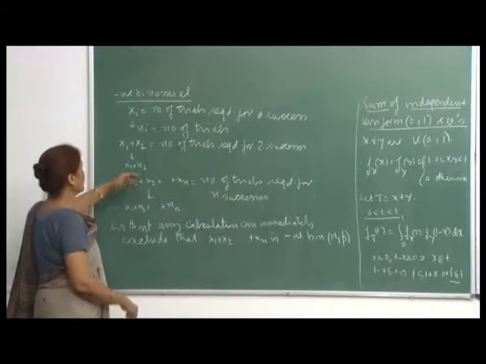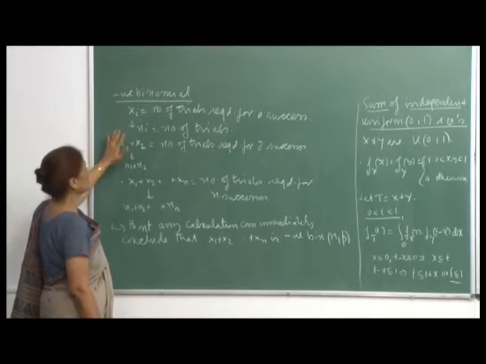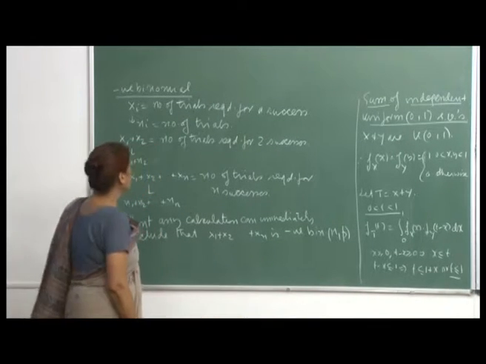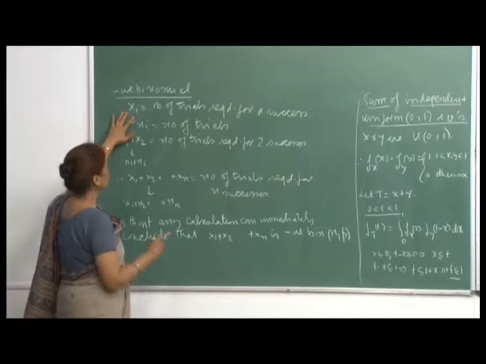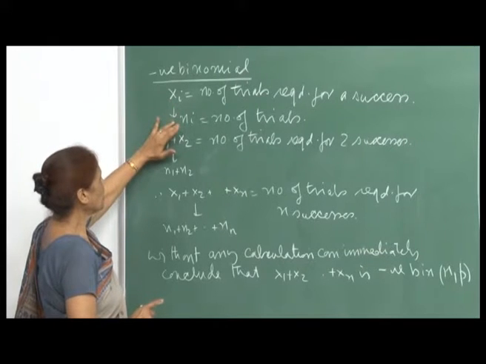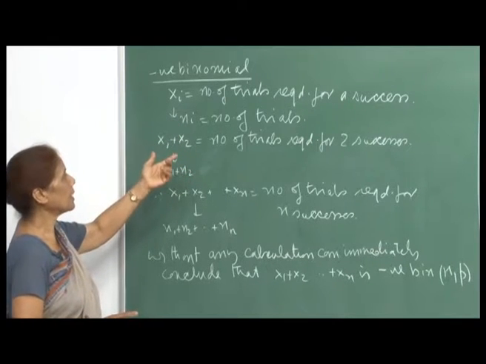In the example where we considered the sum of independent geometric random variables, all with probability of success p, X_i was the number of trials required for one success. Therefore, if the corresponding number is n_i, that means the number of trials required for one success for the ith geometric random variable.